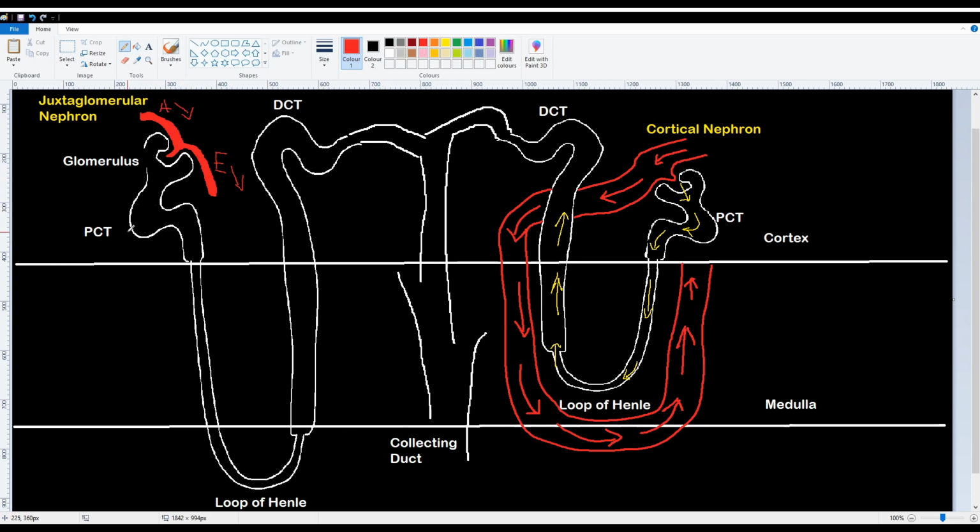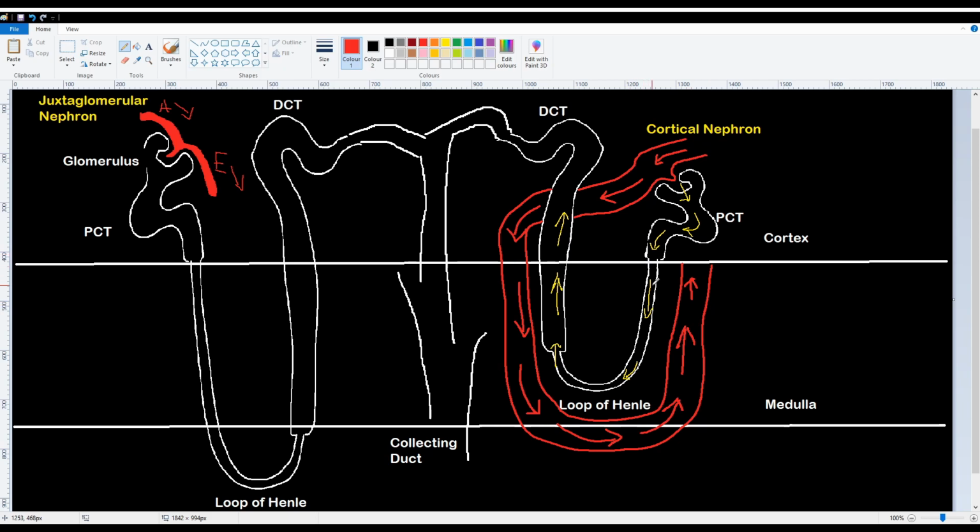Then you have the proximal convoluted tubule, which leads into the descending loop of Henle. For the juxtaglomerular nephron, it leads all the way into the lower medulla. So it goes across the cortex and across the medulla into the lower medulla.